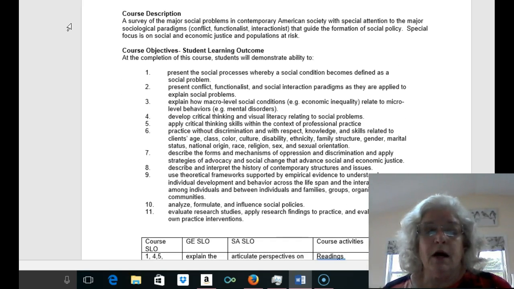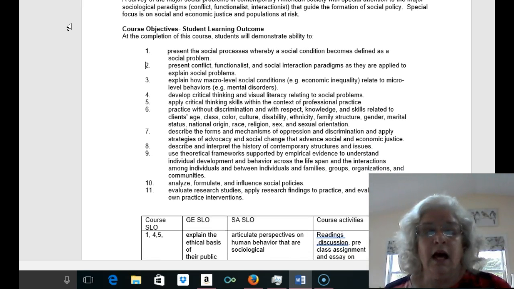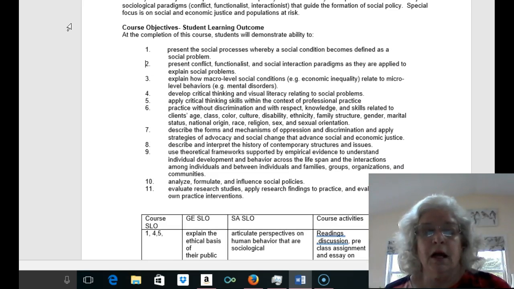So a typical syllabus: the course description from the course catalog, your course objectives. The course objectives tie to sociology and tie to those core disciplines that require social problems. But definitely, as with all sociology, we look at the theories of sociology, we look at critical thinking, and the visual literacy of relating to social problems, and your assignments tie to that.